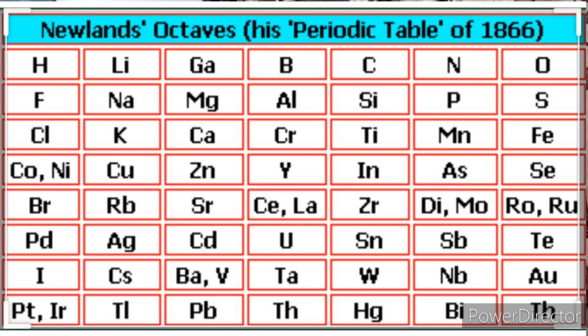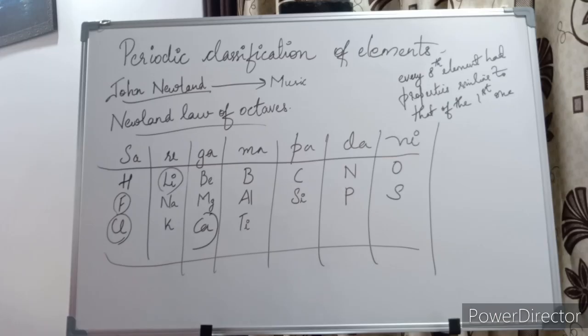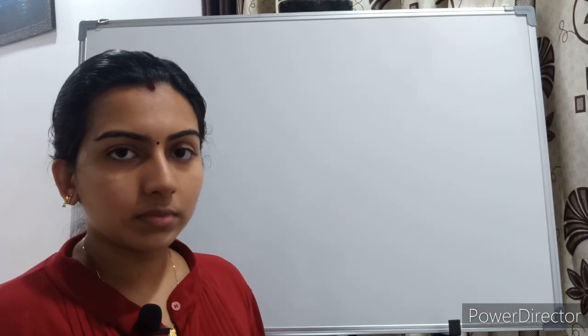For example, you can see that cobalt and nickel are in the same slot, and these are placed in the same column as fluorine, chlorine and bromine, which are halogen families, and their properties are exactly different from cobalt and nickel. So, this was a very big limitation of Newland's law of octaves. Thus, Newland's law of octaves worked well with lighter elements only, till calcium only. After that, this was not applicable.